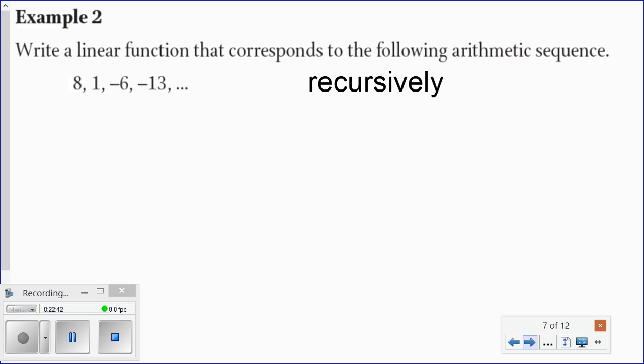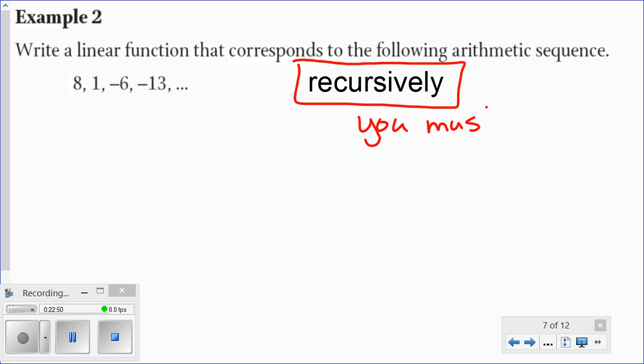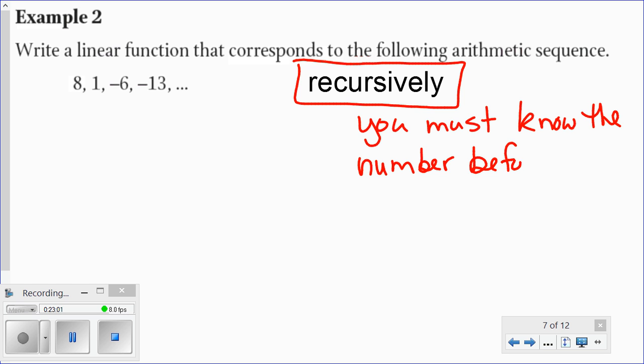Recursive is different. Recursive means you must know the number before it. So to find the next number in the sequence, you have to know the number in front of it. Okay?